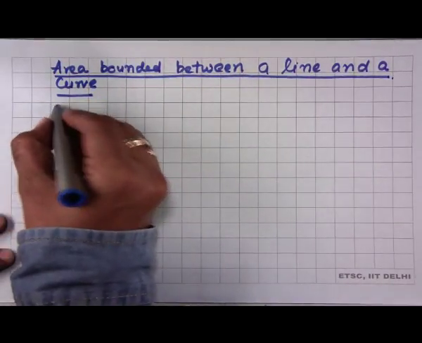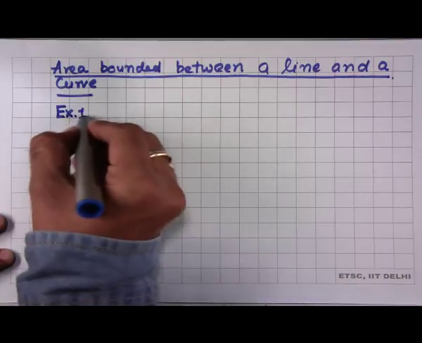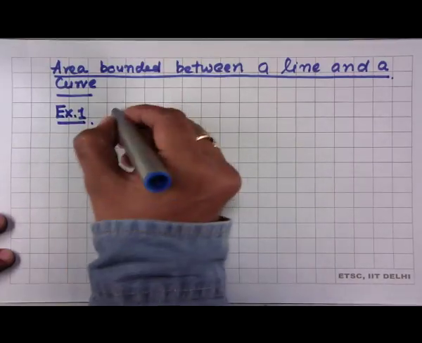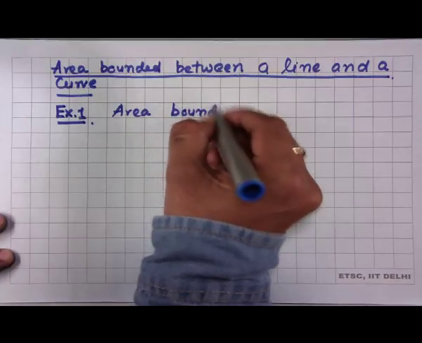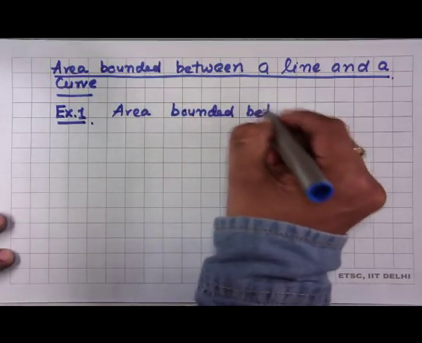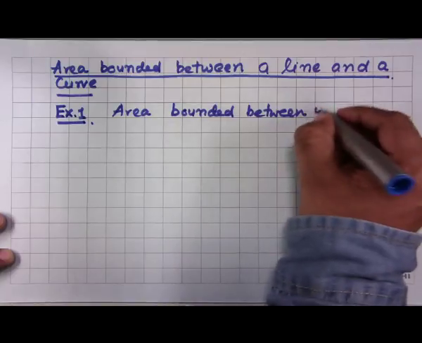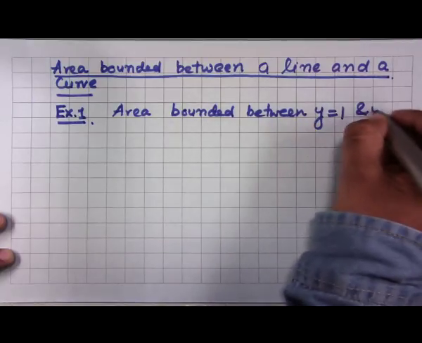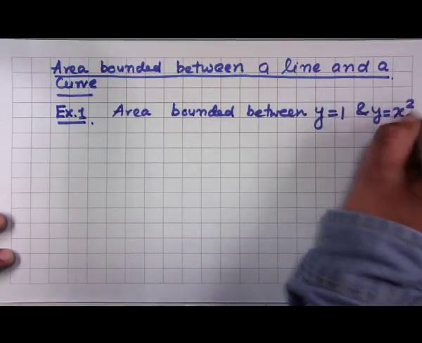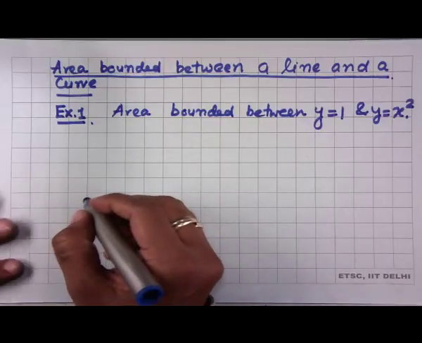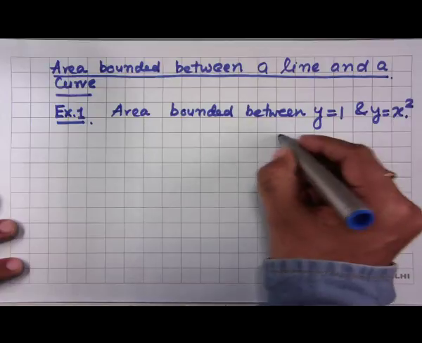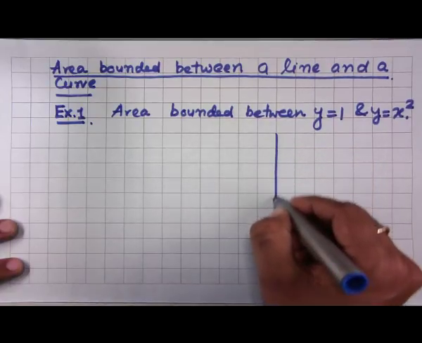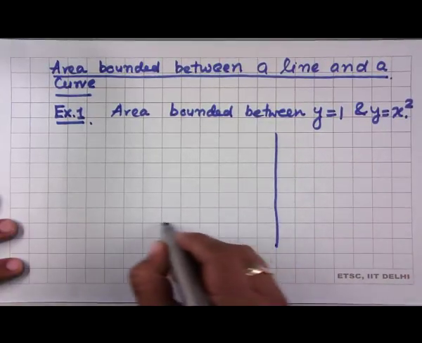So in this series, let us take example 1. The area bounded between y equals 1 and y equals x square. So let us plot both of them first.